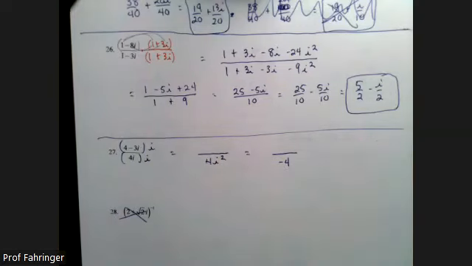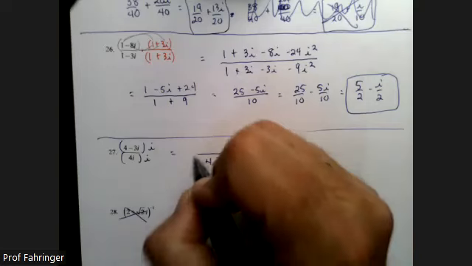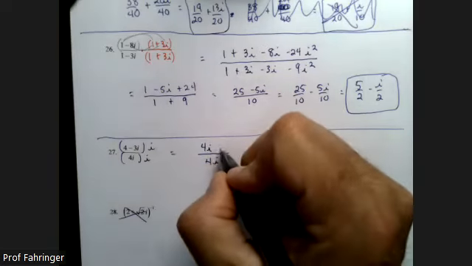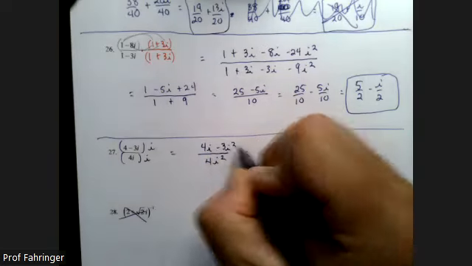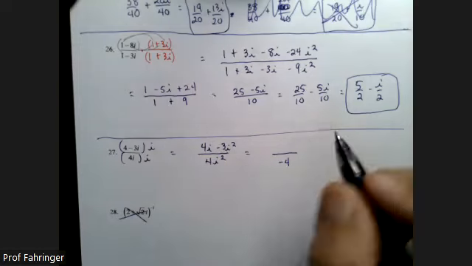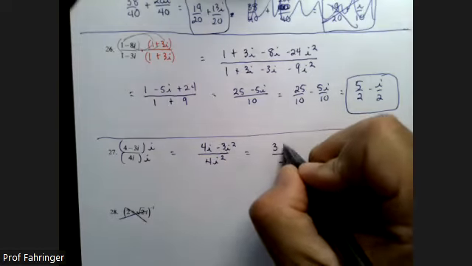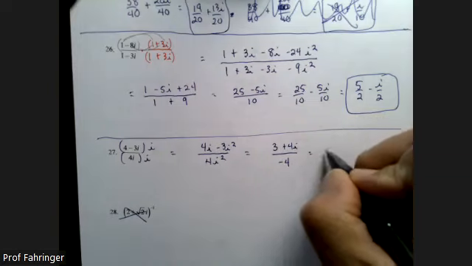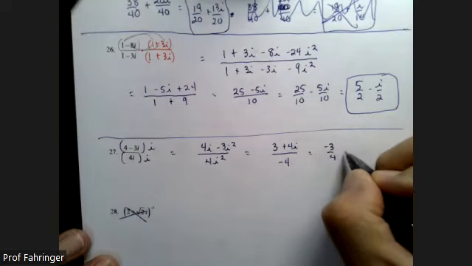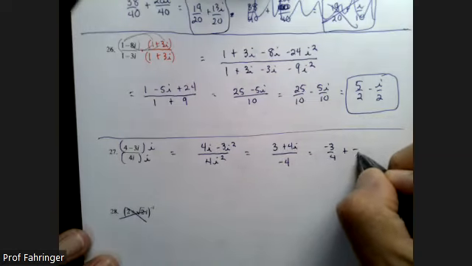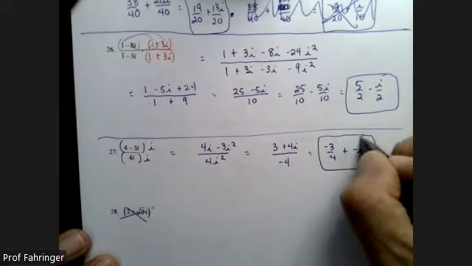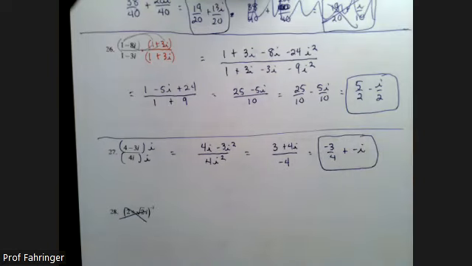So I only need an i to clear it there. Oh, good. 4i minus 3i squared. That becomes a positive 3.